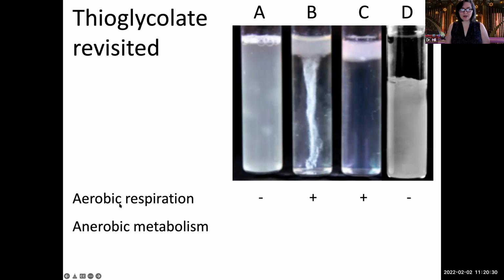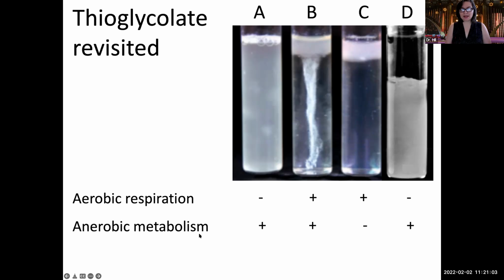Okay, so which of these is capable of doing anaerobic metabolism? Great. A, B, and D. The only guy who can't do any form of anaerobic metabolism is this guy.